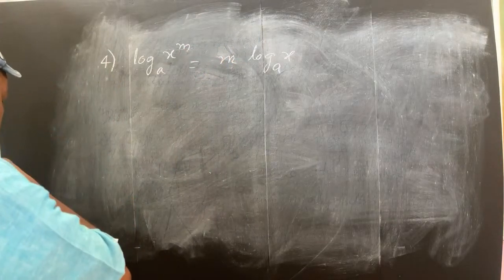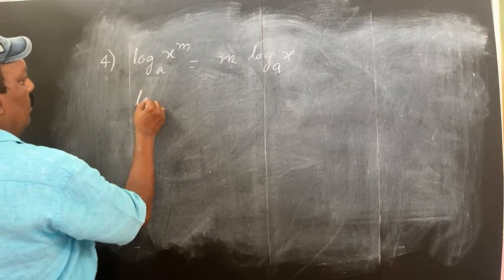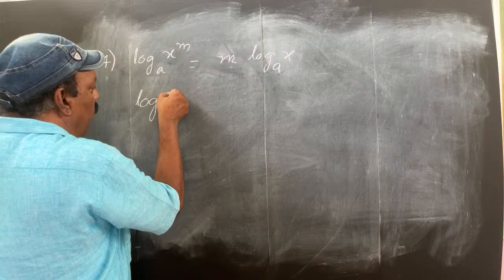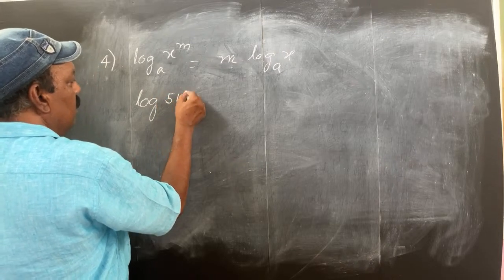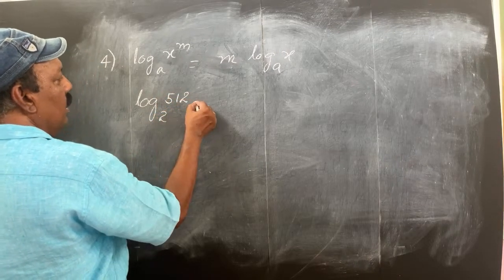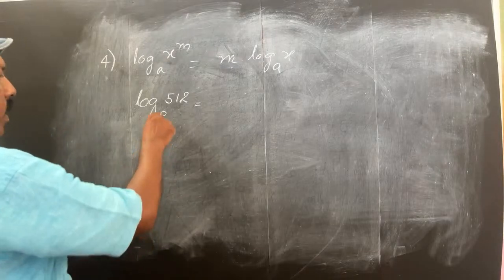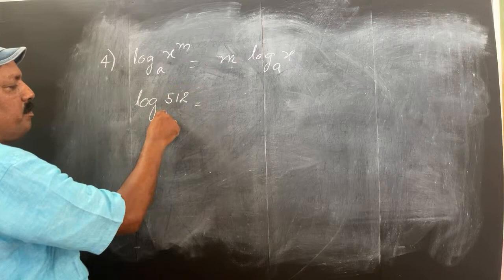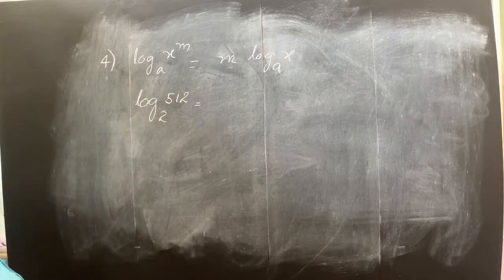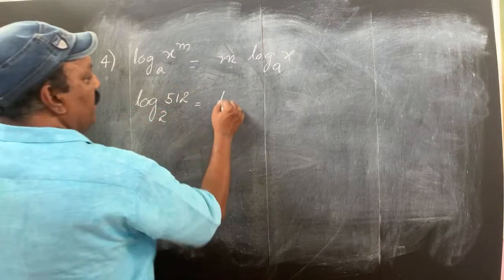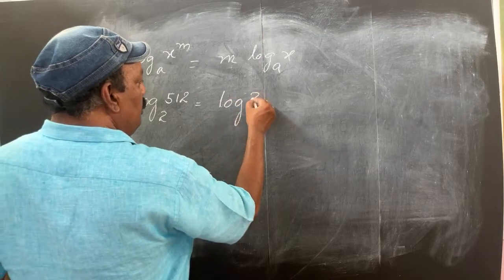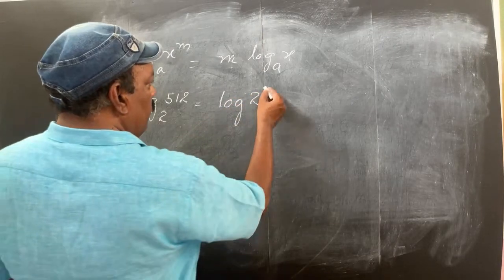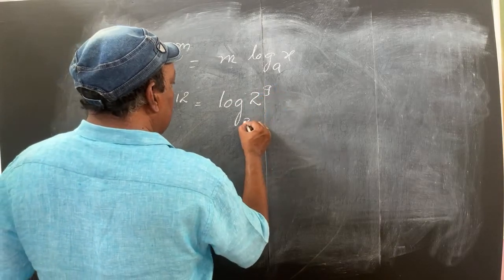Now I will give you one example for this. Log 512 base 2. Interestingly, whatever the base value is, this number also has the same exponent of the base 2. So now we can consider log 2 to the power of 9 base 2.